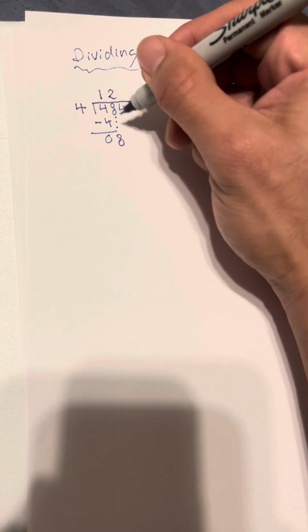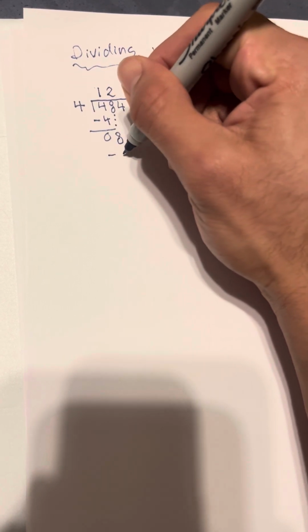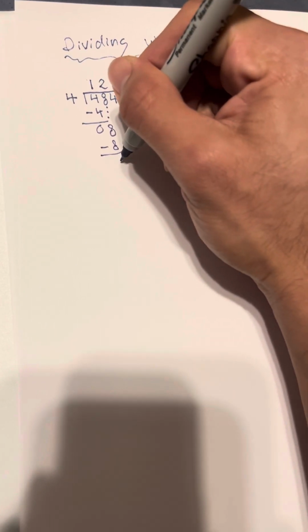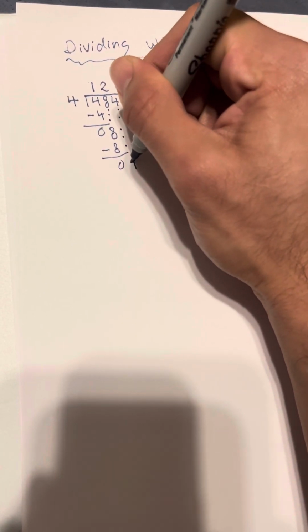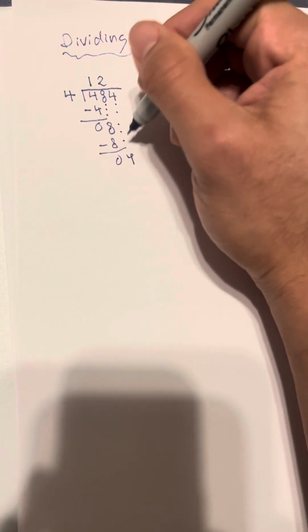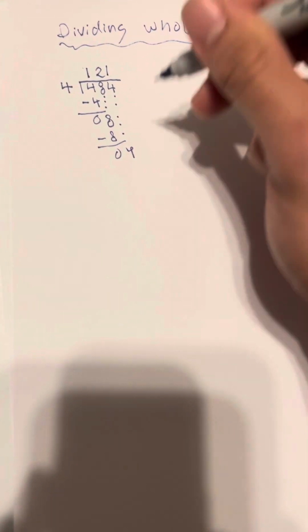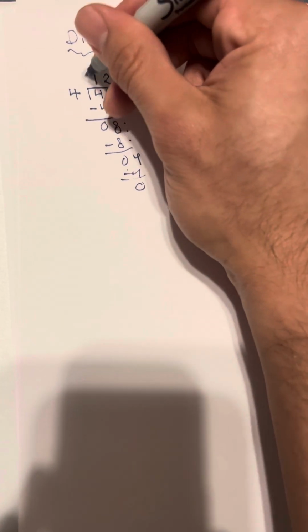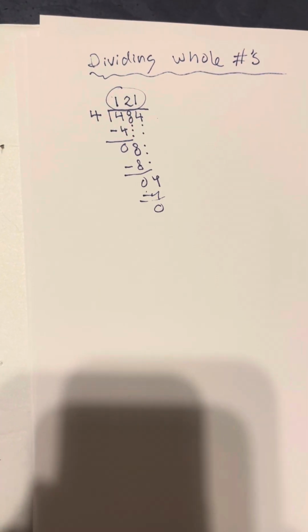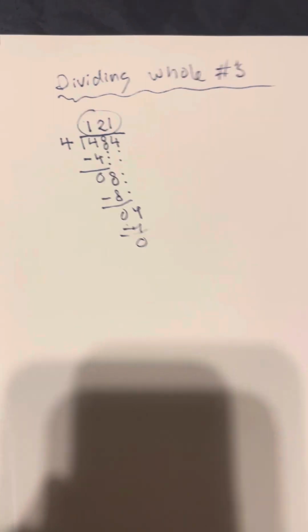So we'll put a 2 and put a minus 8, another 0. Then drop down the last 4. How many times does 4 go into 4? Obviously 1. And we got our answer, 121.